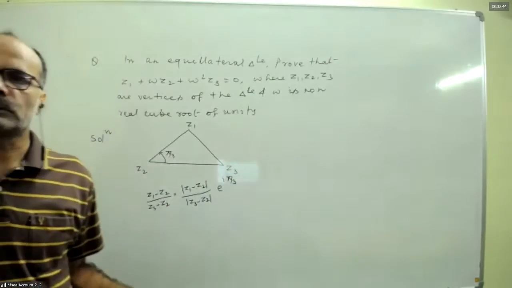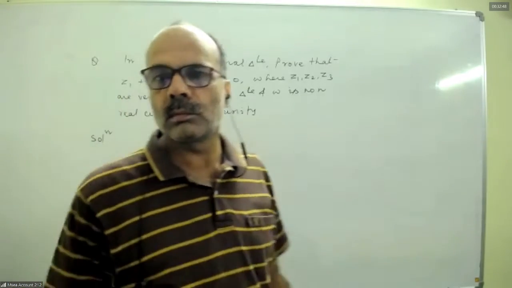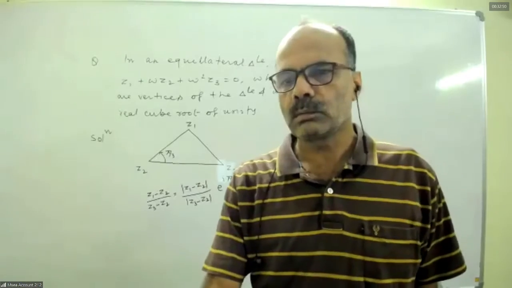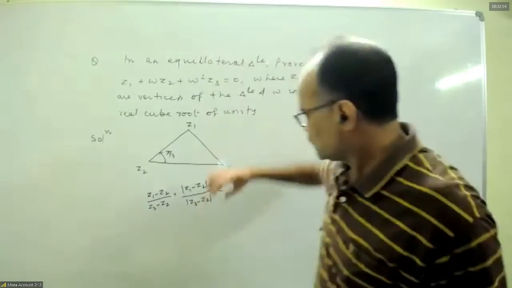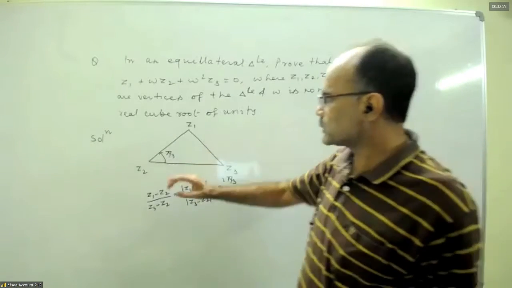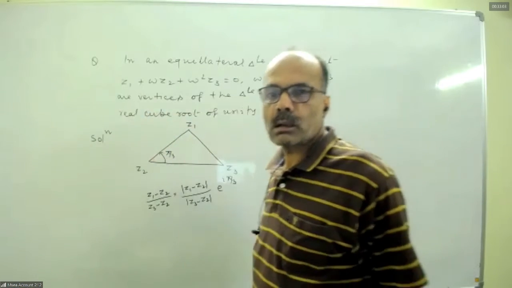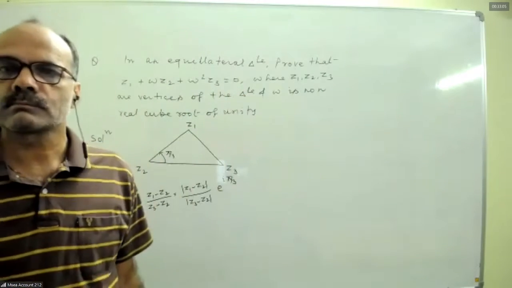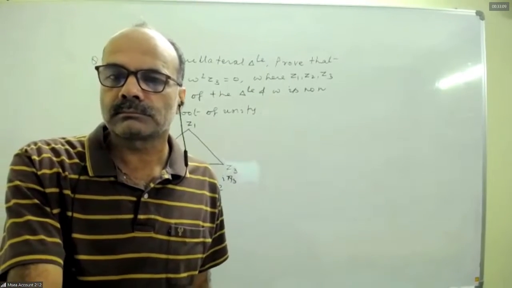Now, since it's an equilateral triangle, mode of Z1 minus Z2 equals mode of Z3 minus Z2. These two quantities will be the same, the magnitude of that vector.